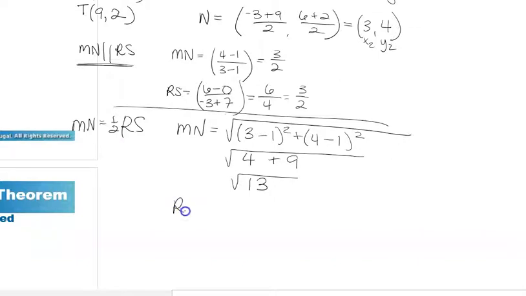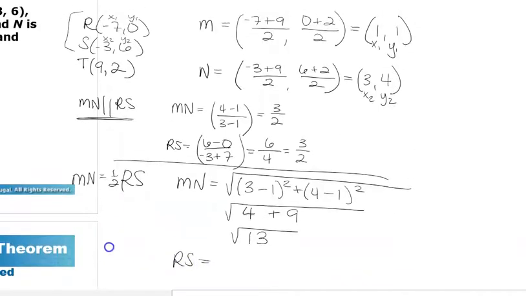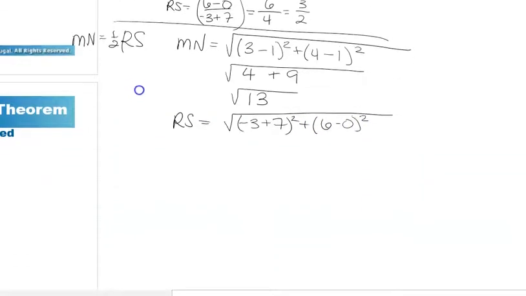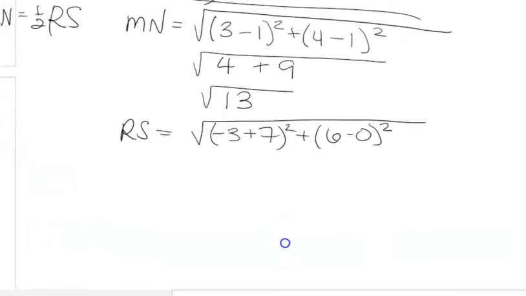Now let's find RS. And we have the square root, and then x2 minus x1, minus negative makes a plus. And then we have y2 minus y1 squared. Zoom in so you can see.